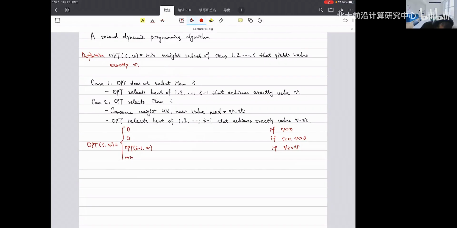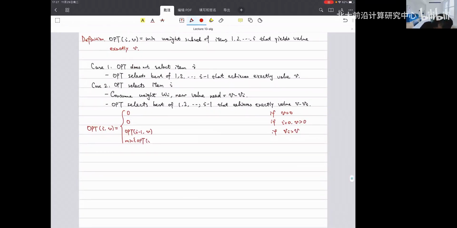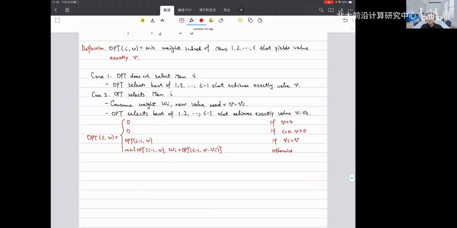Or otherwise, this is going to be the min of OPT(i minus 1, v) and w_i plus OPT(i minus 1, v minus v_i). Okay, so is there any question about this dynamic programming now?